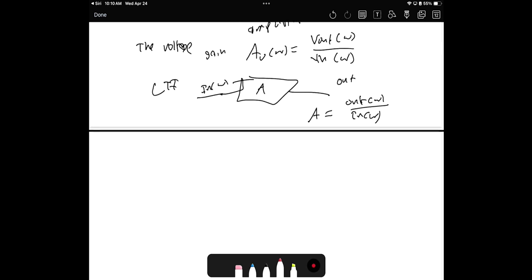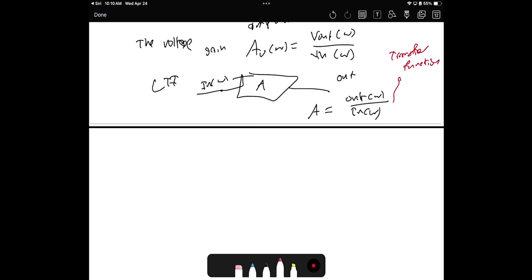Now, how can we represent this? We know s equals sigma plus j omega. When you have a transfer function H of s, you can substitute sigma equals 0. This yields s equal to j omega. This is actually the Fourier transform. Then you can say H of j omega.